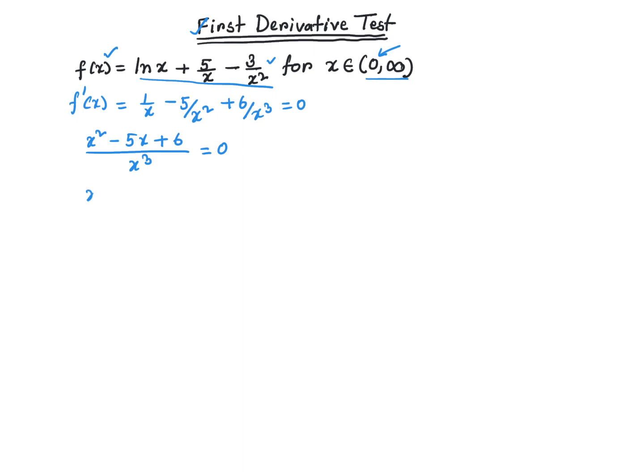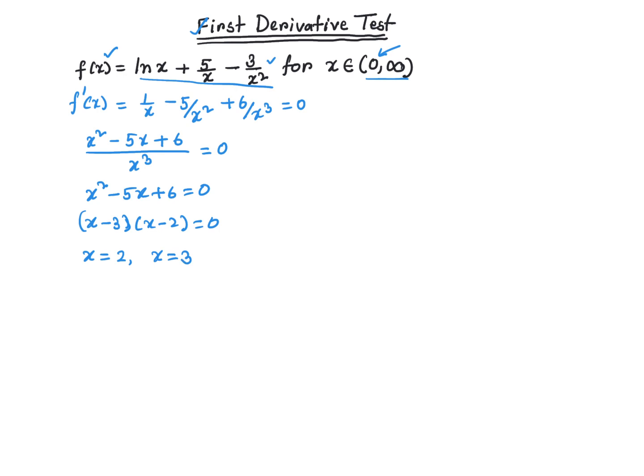So that's going to give me x squared minus 5x plus 6 is equal to 0, and I can factor it easily, which is going to give me x minus 3 times x minus 2 is equal to 0. So that tells me my two critical points are x is equal to 2 and x is equal to 3.